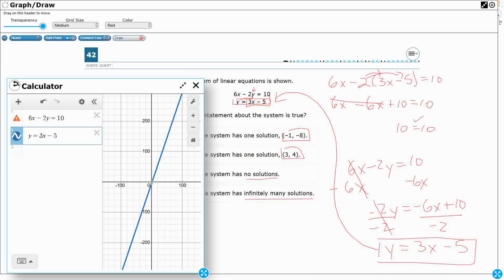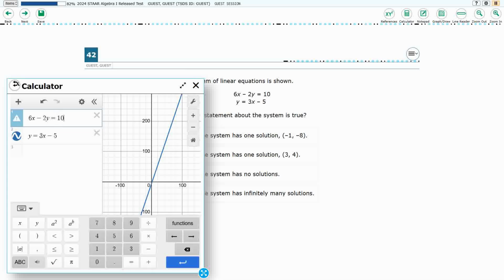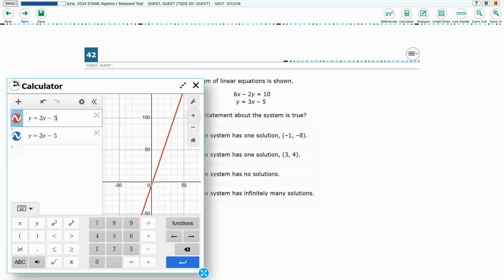So we've got y equals 3x minus 5, and then we've got y equals 3x minus 5. So really, what we have here is two different, let me show this to you here. y equals 3x and then minus 5.